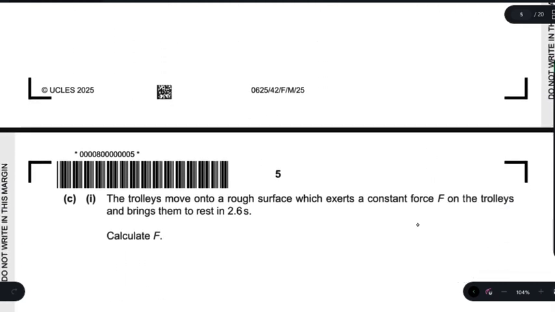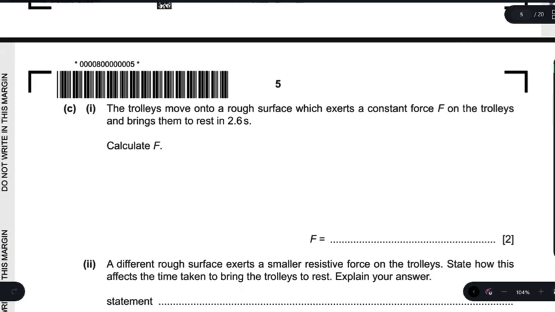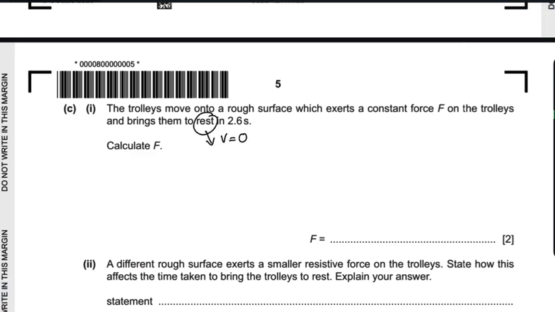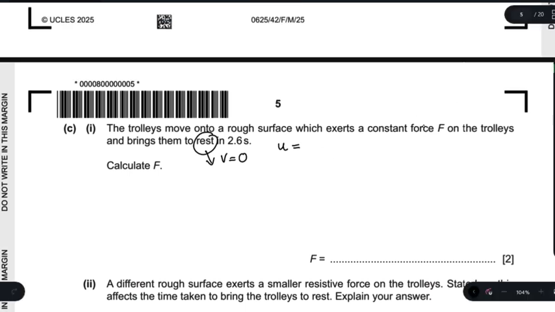Law of conservation of momentum. The trolleys move onto a rough surface which exerts a constant force F on the trolleys and brings them to rest in 2.6 seconds. So the fact that we're told that they are going to be at rest means their final velocity will be 0. There's some kind of deceleration here, and we are told their initial velocity u was 0.18.